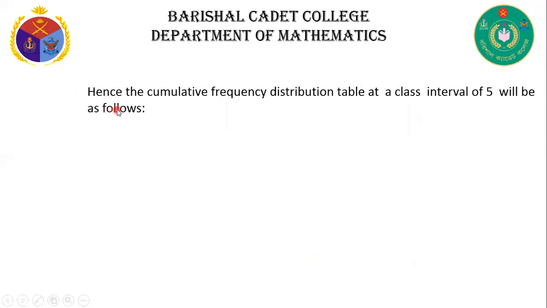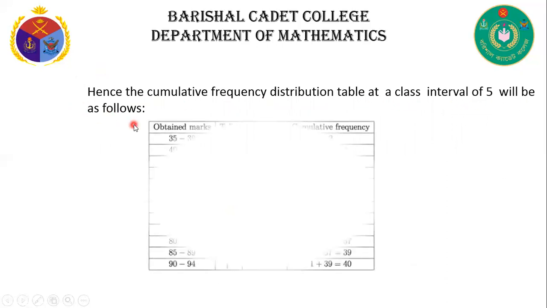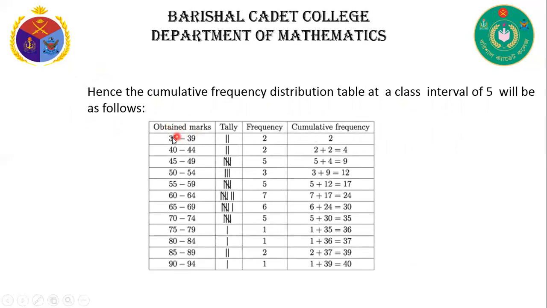Now, the cumulative frequency distribution table of the class interval of 5 will be as follows. Here, marks obtained: the first mark is 35 and the last mark is 90.